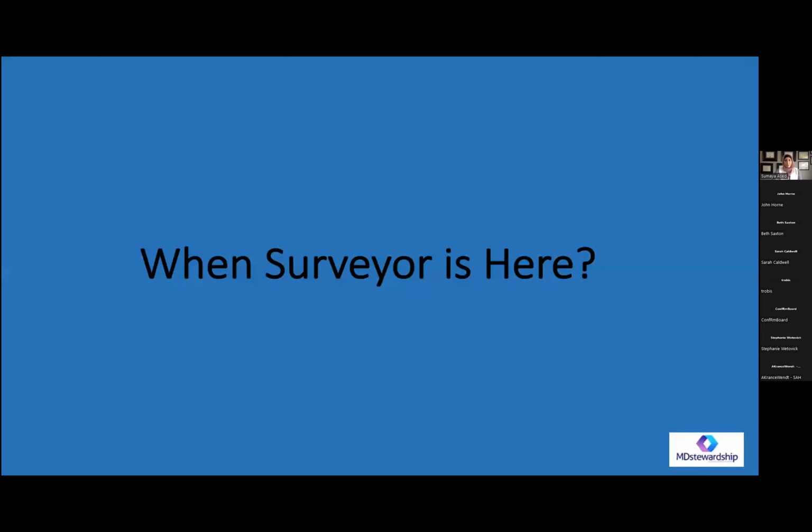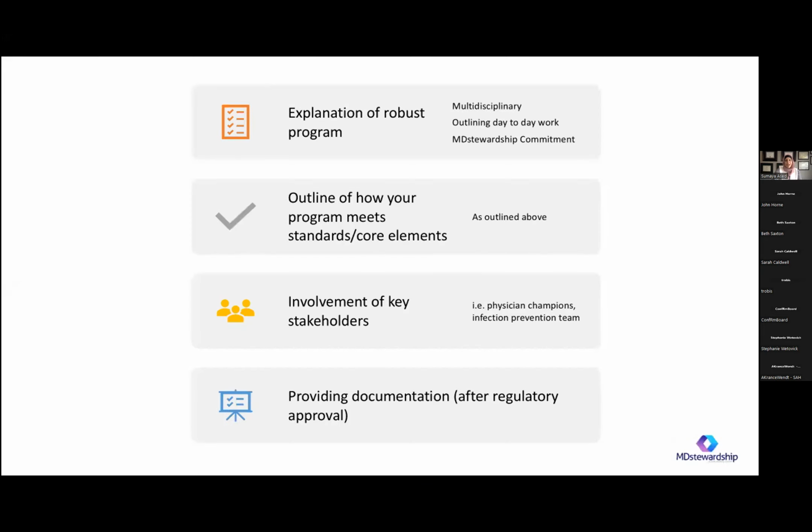And then when your surveyor is here, like I was talking about, the most important thing is starting by explaining how you actually have a robust program. We have daily prospective audit and feedback. We have 24/7 support from physicians and pharmacists that are specifically trained in stewardship. Our program is built off of CDC guidelines as well as IDSA recommendations.